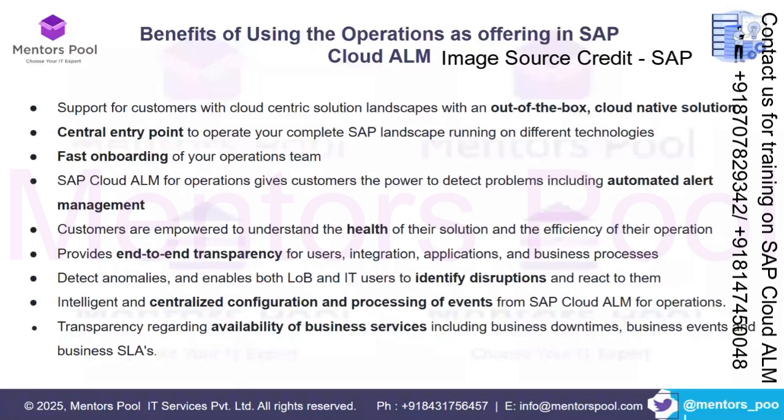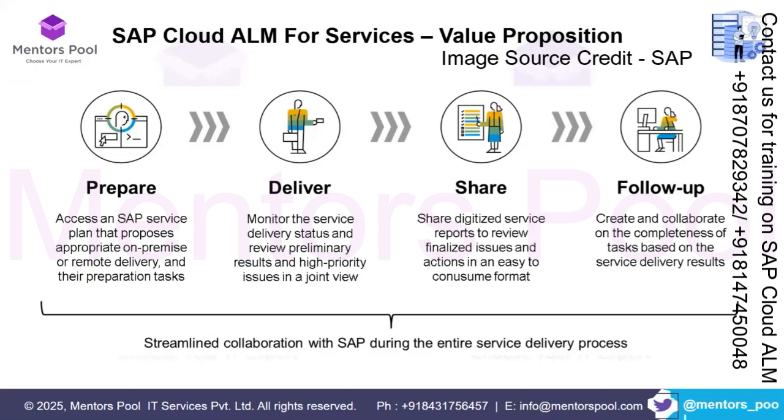And SAP Cloud ALM as a service is one of the offerings which is used to deliver the platform for SAP support services. You are going to have different services like CQC, which is a continuous quality check.